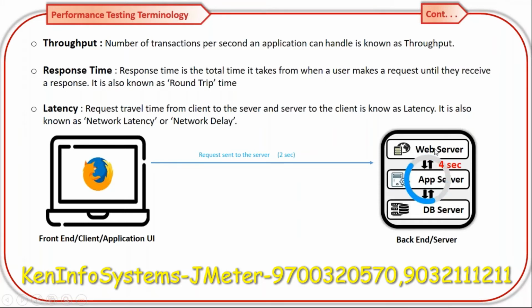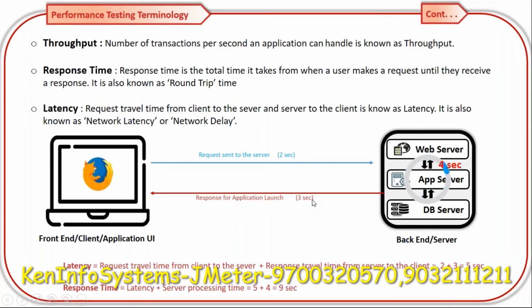It will try to understand the request and process it. Let's assume it took 4 seconds. Once the processing was done, the server sends the response back to the client, and let's assume the response for application launch takes 3 seconds. To send the request it took 2 seconds, server processing took 4 seconds, and sending the response took 3 seconds.